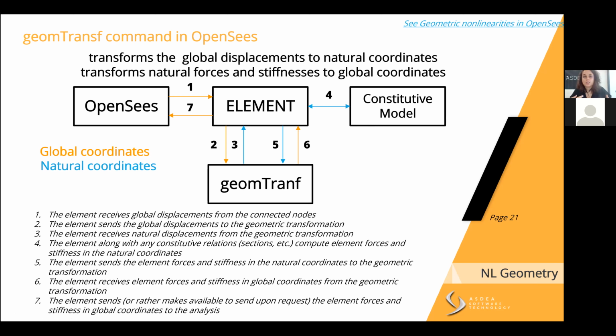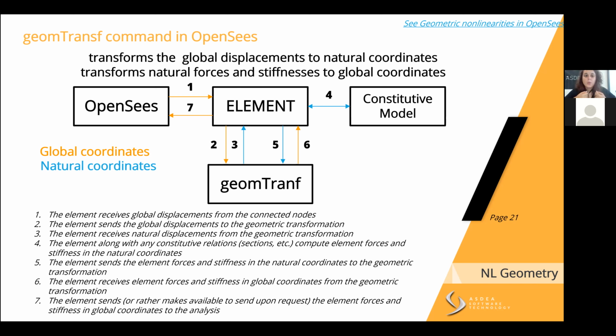The element calls the constitutive model that we have defined. So if we already input the material nonlinearity in our constitutive model, that will be taken into account. And the constitutive model yields forces and stiffness in natural coordinates. The element gives back these forces and stiffness in natural coordinates to the geometric transformation, which transforms them again into the global coordinate system, which are given back then to the analysis, let's say.